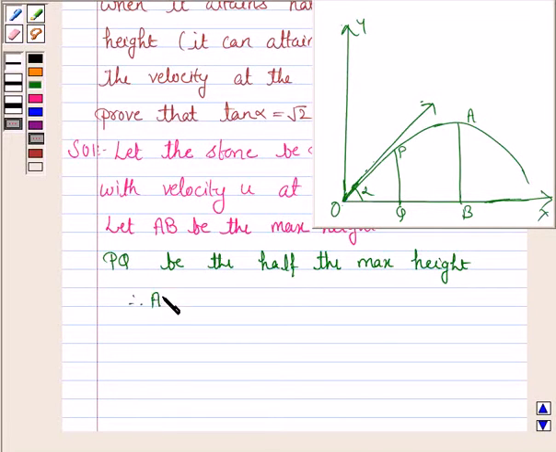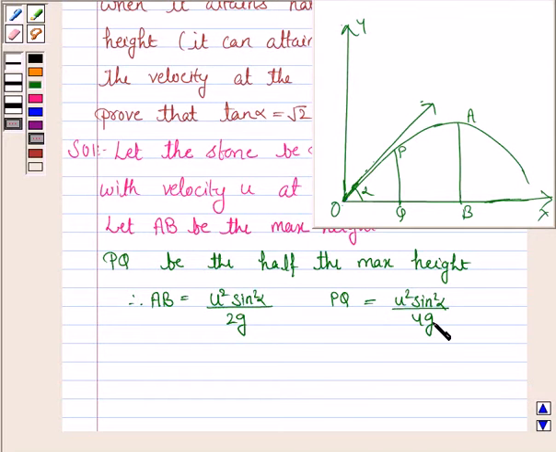Therefore, AB is u square sin square alpha upon 2g, and since PQ is half the AB, it is u square sin square alpha upon 4g, right?